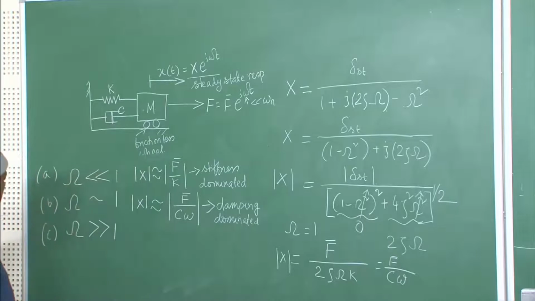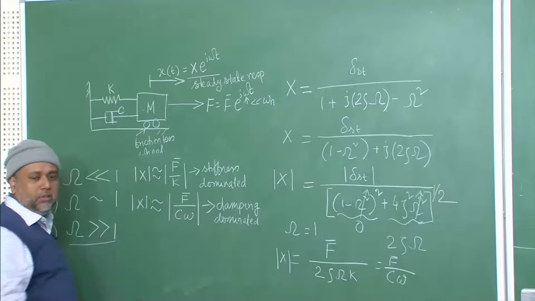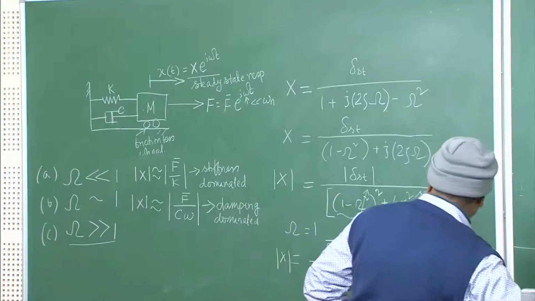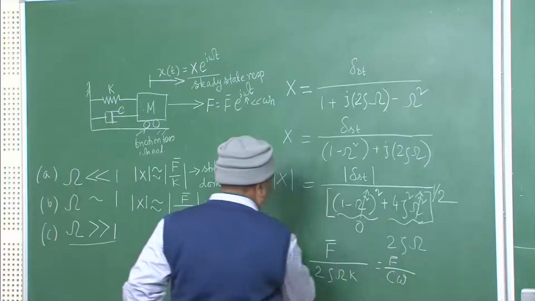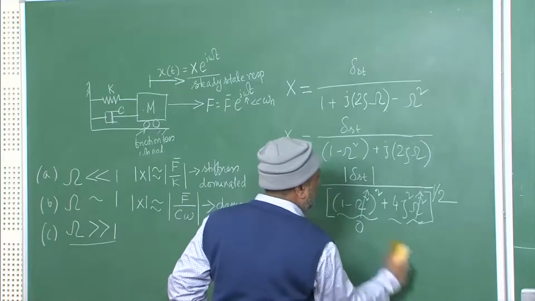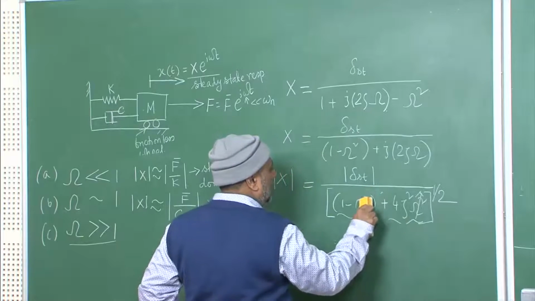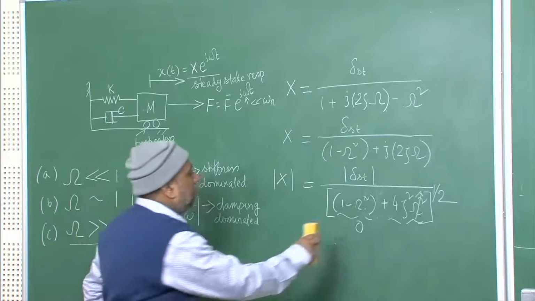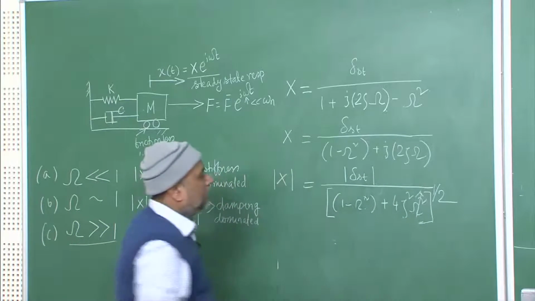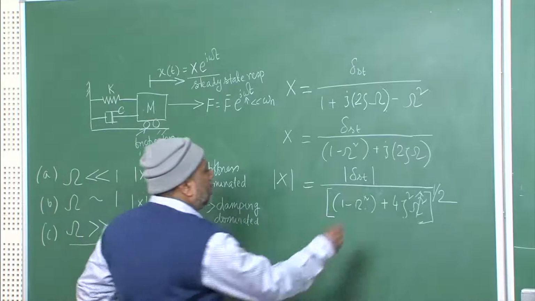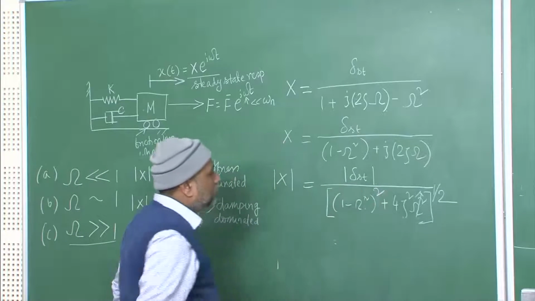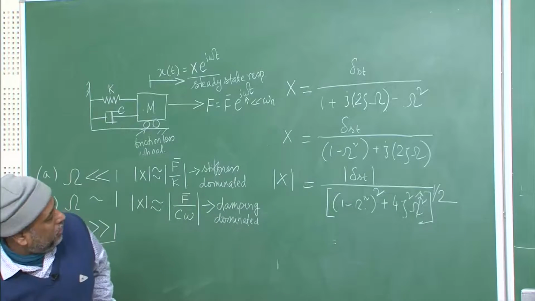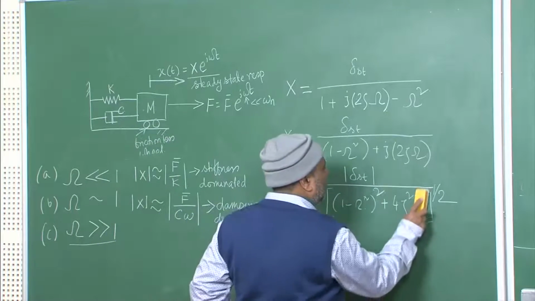Let us now go to the last part, that means when omega is much greater than unity. What are we going to find in such a case? Let us see what is going to happen to the expressions. We have the basic expression with us, and here we also have 4 zeta square omega square.